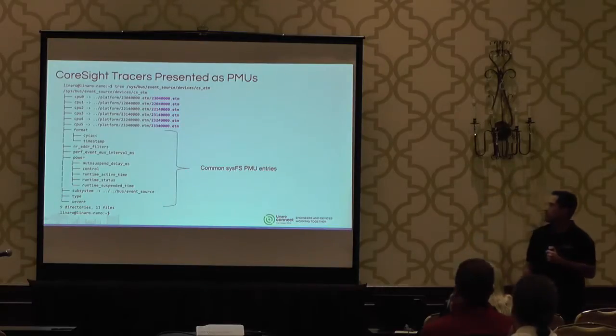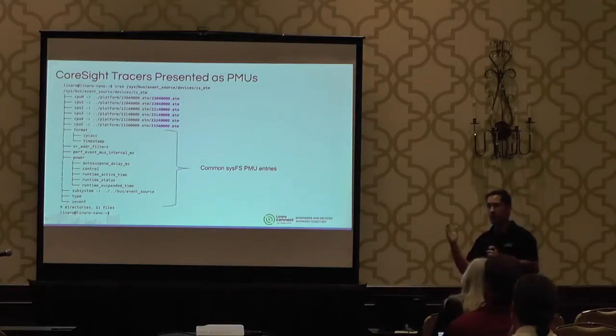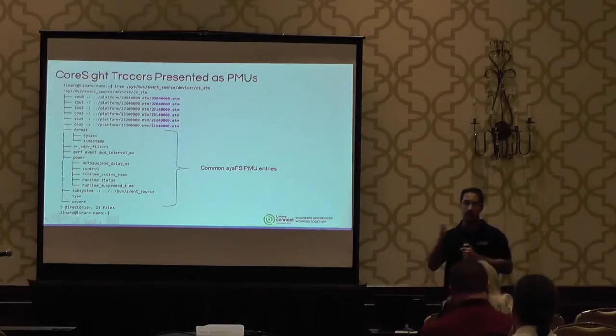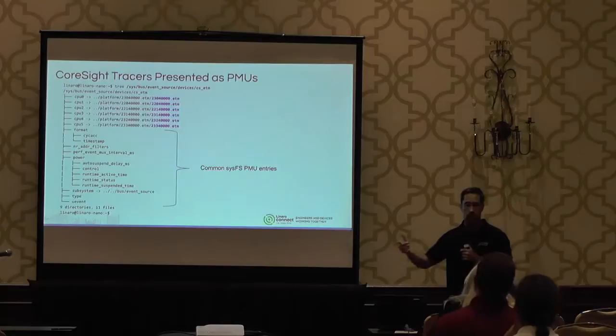We did this because, from a Perf tool point of view, there's no way to correlate a CPU with a tracer. That way, with a symbolic link, we simply know the CPU we are working with, we look at the symbolic link, and right there we have the configurables for a tracer.